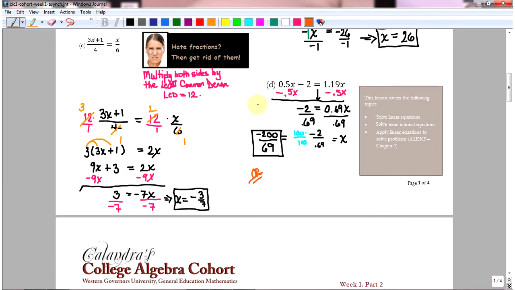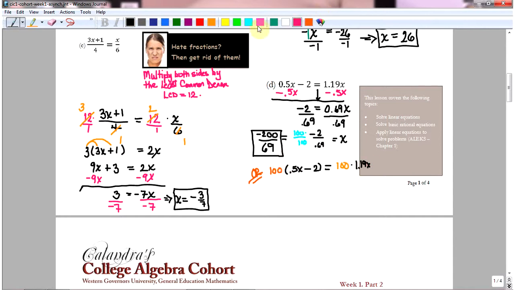Let me put this alternative method down here. I'm going to start by multiplying both sides of the equation by 100. So we have 100 times 0.5x minus 2 is equal to 100 times 1.19x.